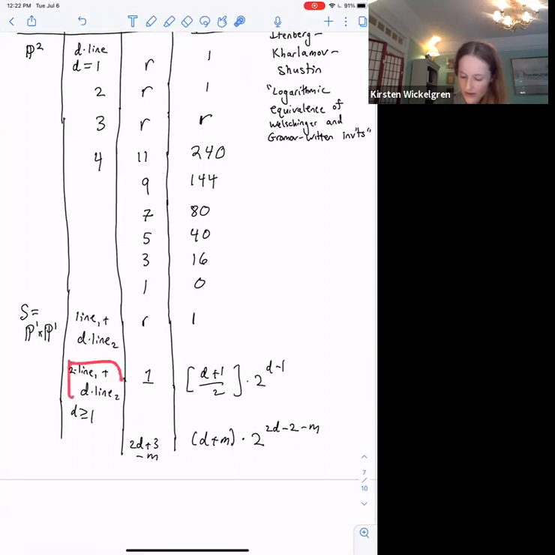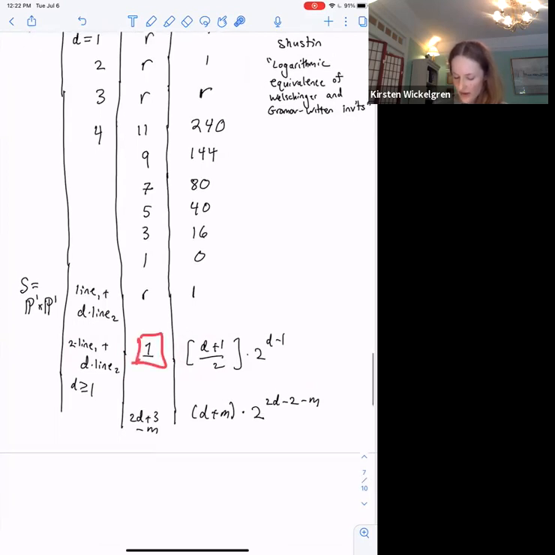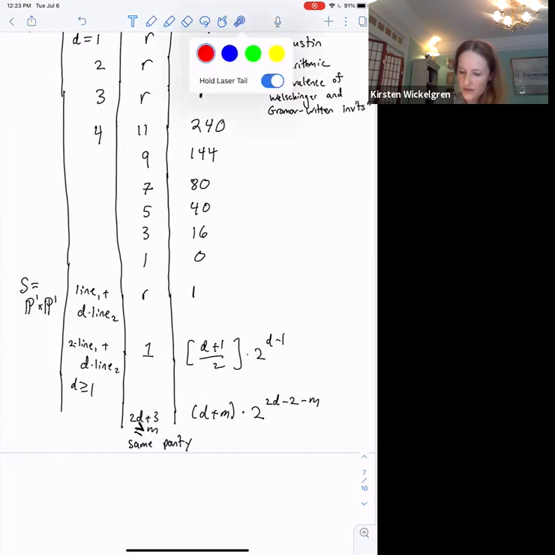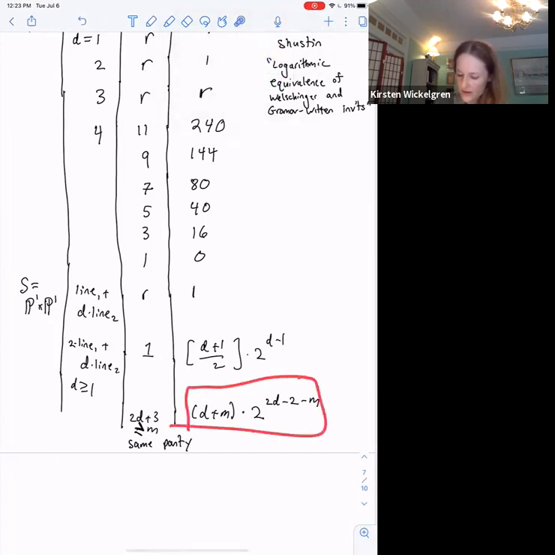And for 2 line 1 plus D line 2, we get a weighted count of (D plus 1) over 2 times 2 to the D minus 1 when there's one real point, and in general when there's m, so m less than or equal to this, same parity. This is the general answer.